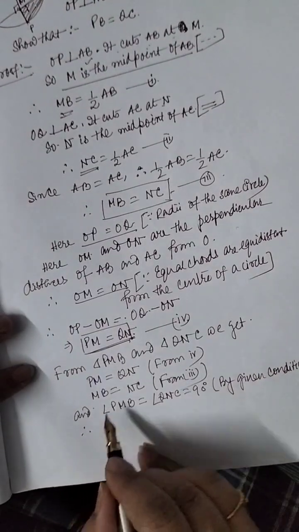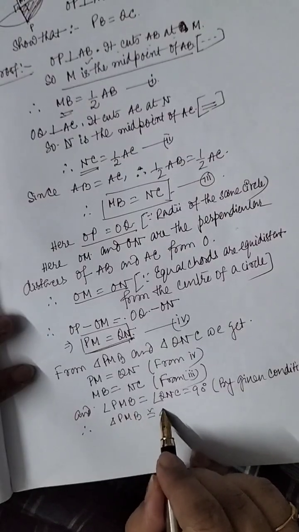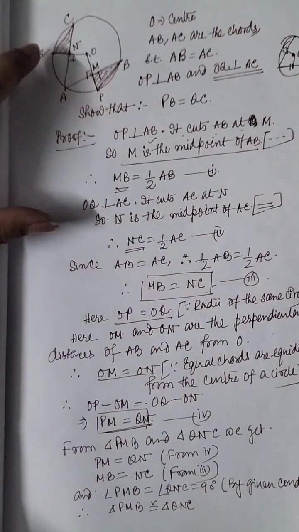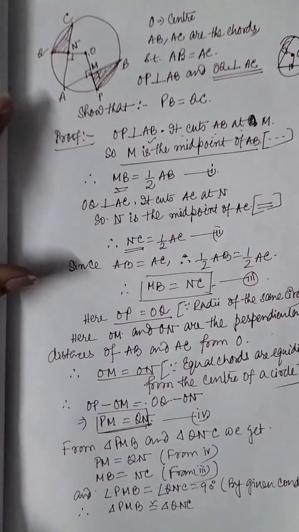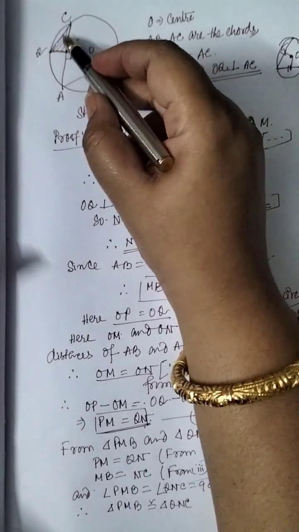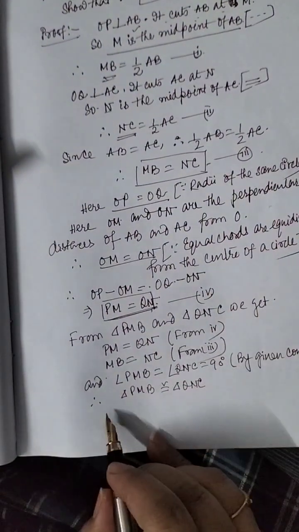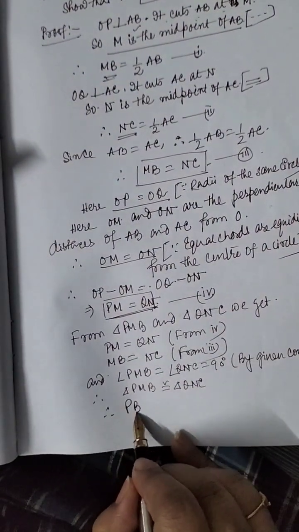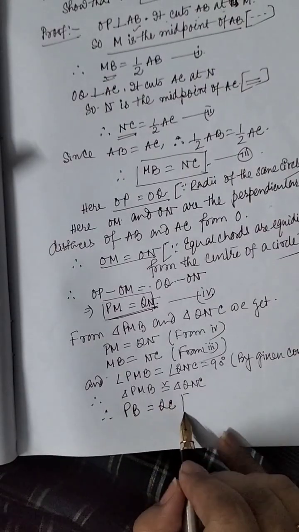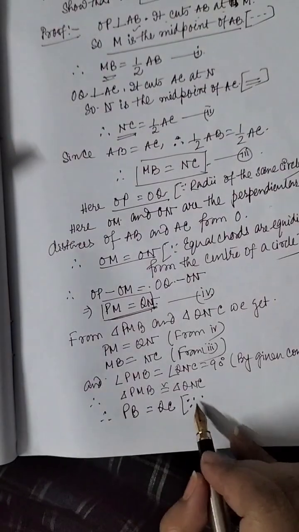So we can say that the triangle PMB is congruent to triangle QNC. So of course we can write that measurement of PB equals to measurement of QC, and that was the thing to be proved. So we get PB equals to QC because they are the corresponding parts of the congruent triangles. As here we can write CPCT also.